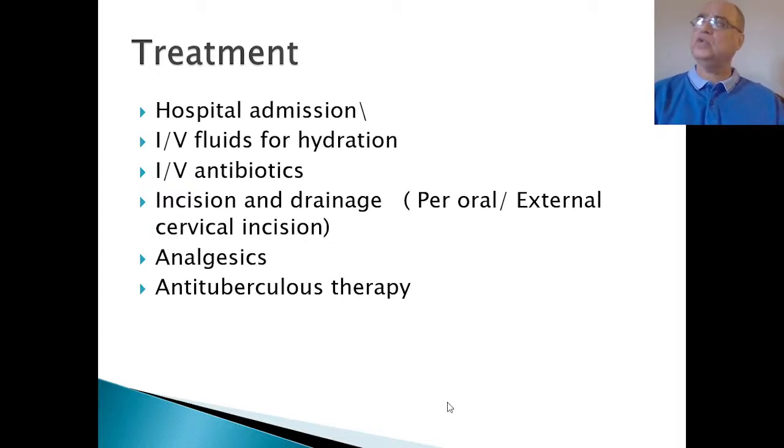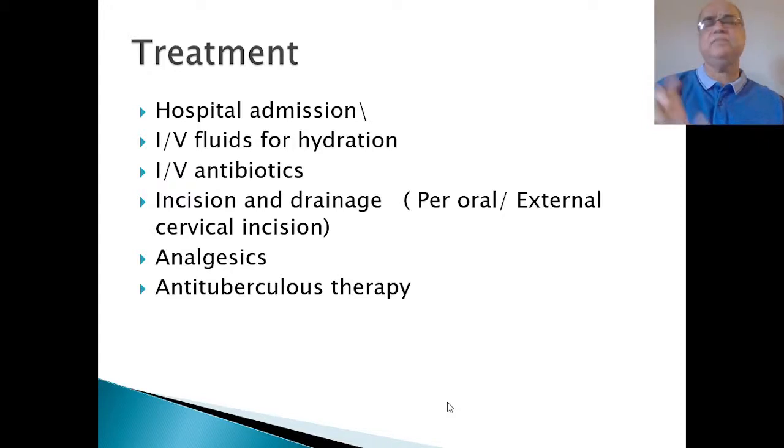And we know that there are so many anti-tuberculous drugs which have to be used simultaneously, so compliance is a problem, because the patient has to take so many palmfuls of these tablets daily. So instead of that, combinations of drugs are available, and those combinations can be used.